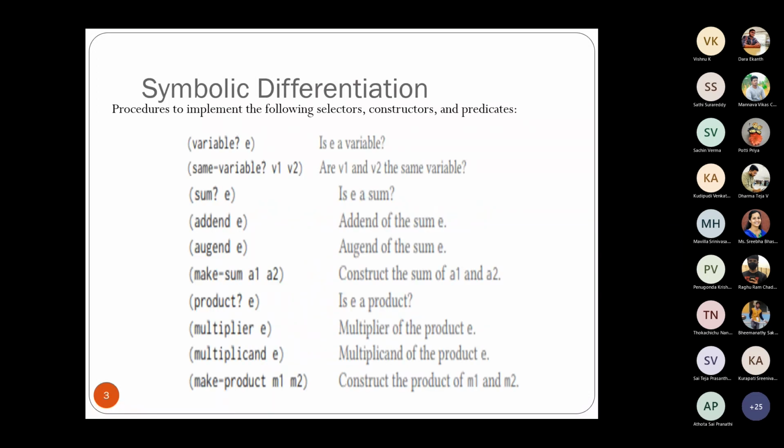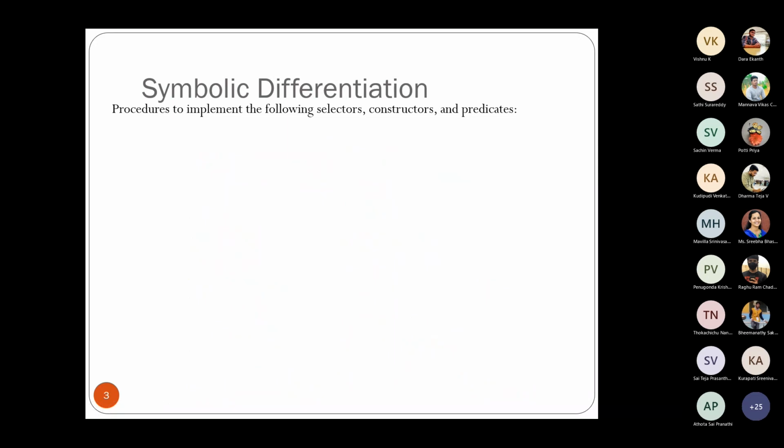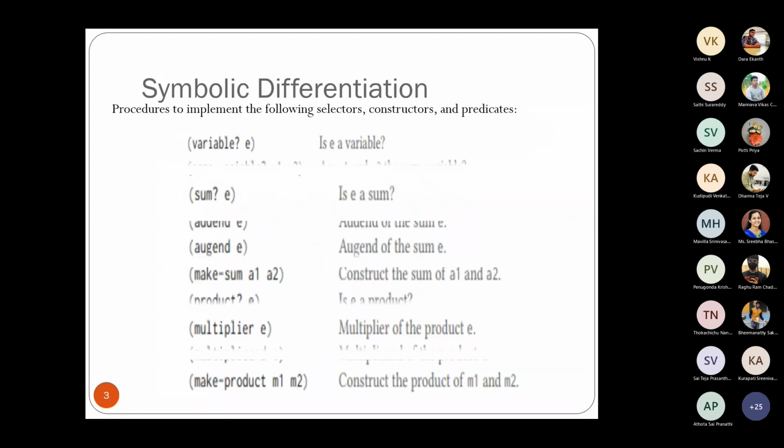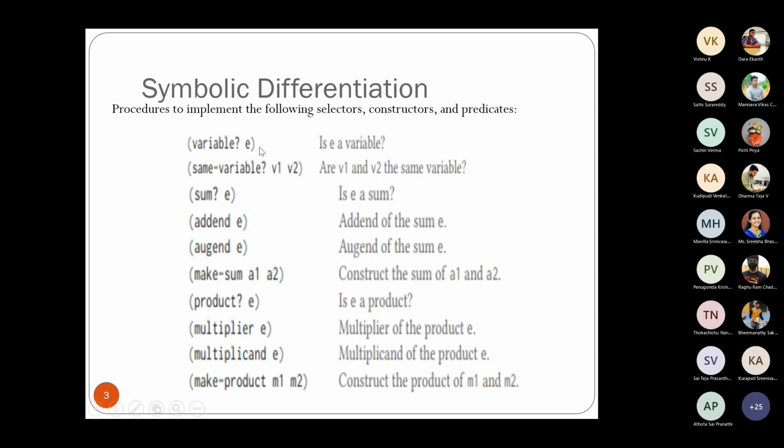Okay. So let us consider what are the functions we require for doing these operations. I'm just concentrating on these four, and other things I'm not concentrating on. So now for doing this, what are the basic blocks required? Okay, so these are all the basic functions required. So let us write in the Lisp language.